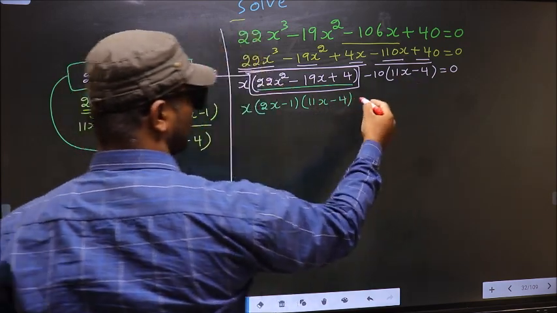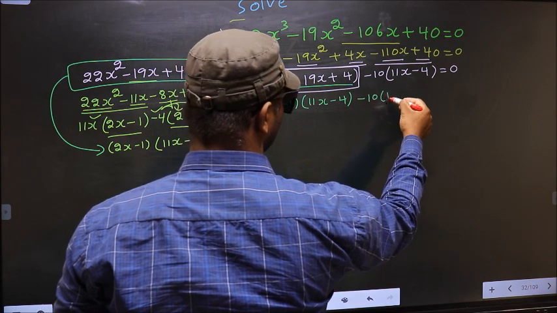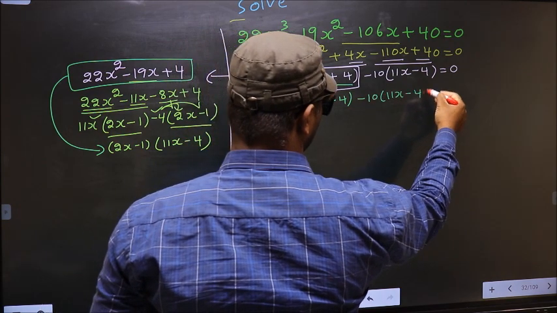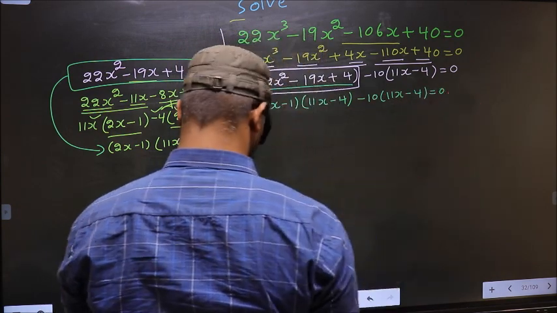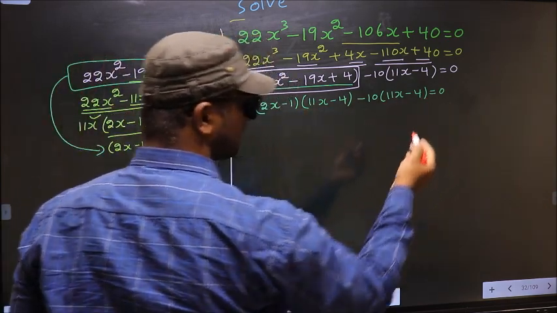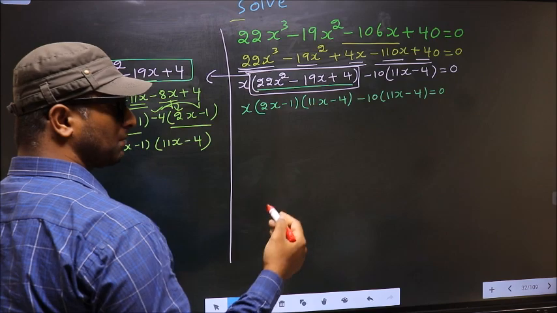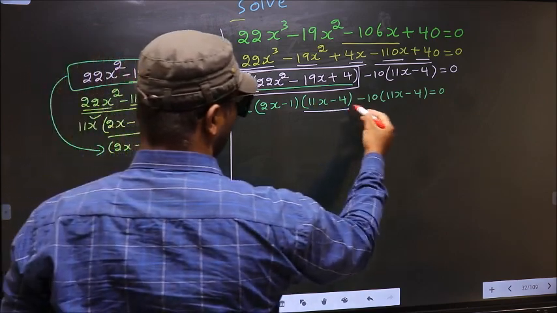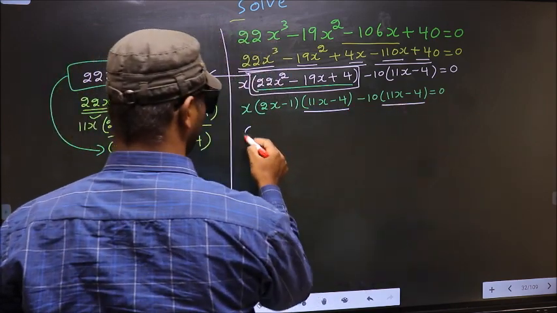Over here no change, equal to 0. Now from this entire equation, what can be taken out common is 11x minus 4.